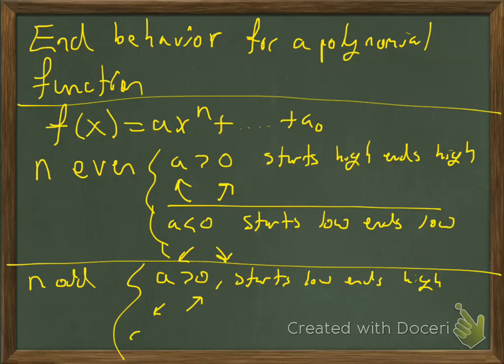If a is less than 0, just a reflection, it starts high, ends low. Okay. So we're only focusing on whether the highest degree is even or odd, and then whether the leading coefficient is positive or negative. That's all we're paying attention to.